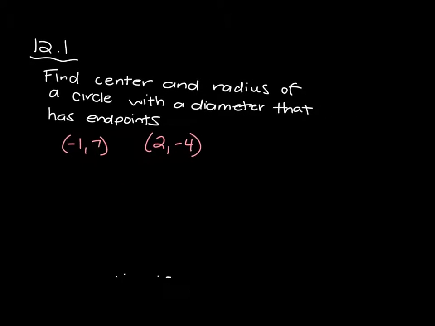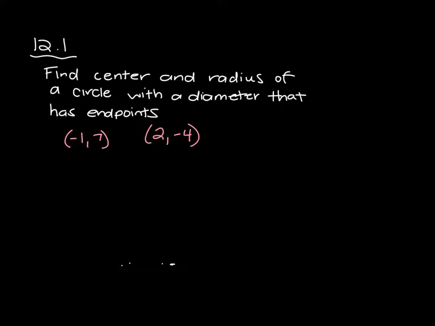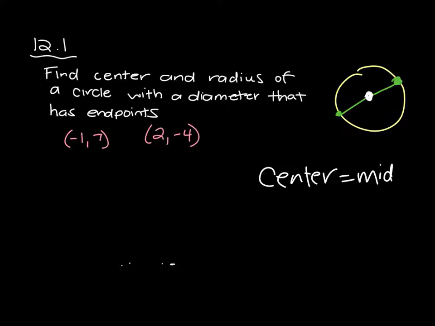So if you could picture a circle with a diameter with given endpoints, how would I find the radius, let's start with the center. How do I find the center of this circle? Midpoint, good. Center equals midpoint, which is x1 plus x2 over 2, y1 plus y2 over 2.